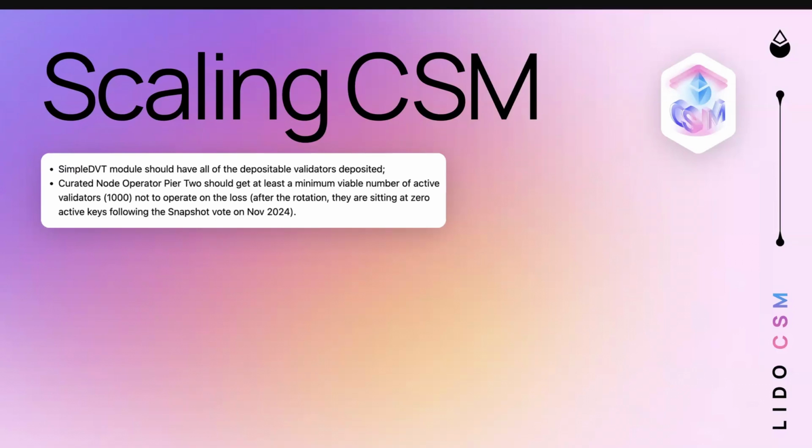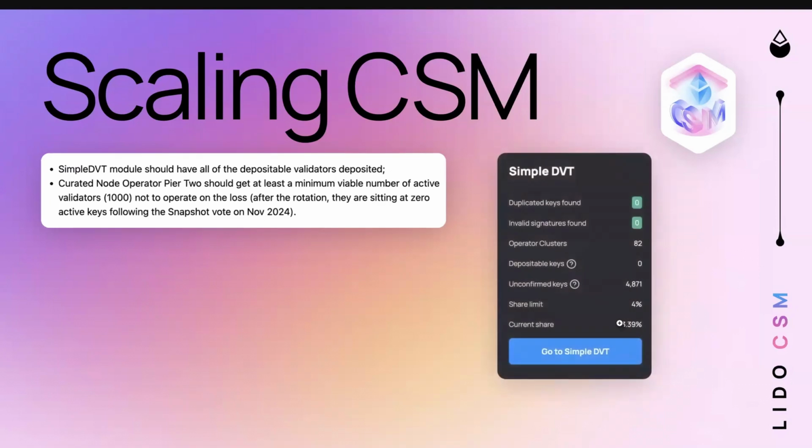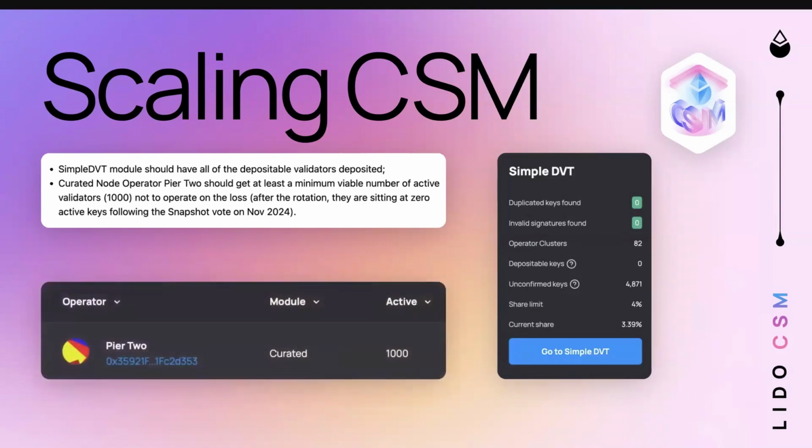So 2 things have happened since the proposal was published. First of all, as you can see, we have no depositable keys in simple DVT. So simple DVT is fully allocated to the current available capacity, which means that the first condition is met. And the second one, which happened just minutes before the call, curated node operator Pier Two has their 1,000 keys activated.